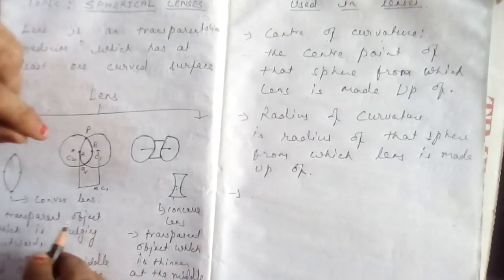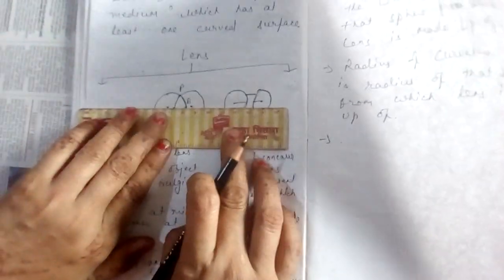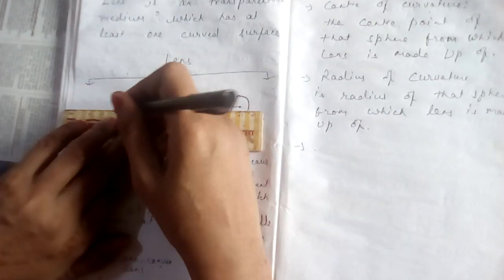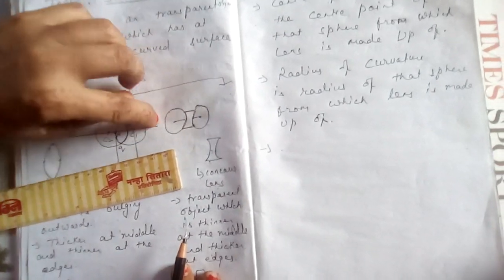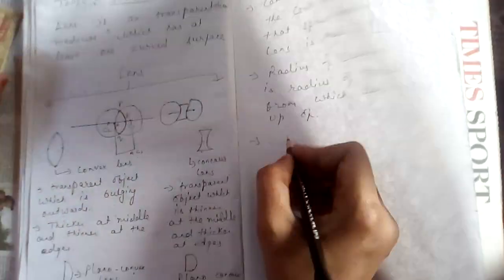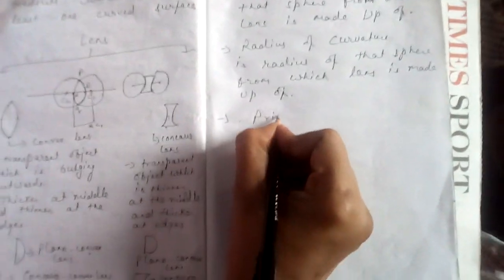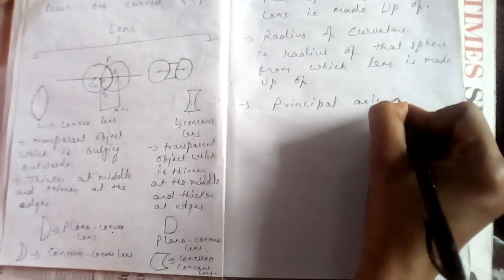Third, if we join the two centers by a straight line, this line is known as the principal axis. What is the principal axis?